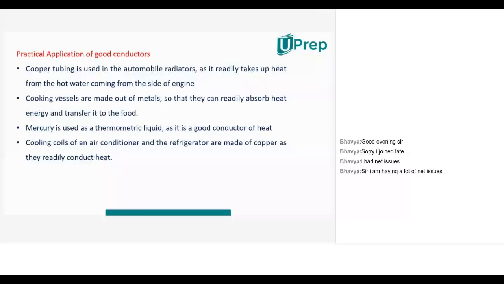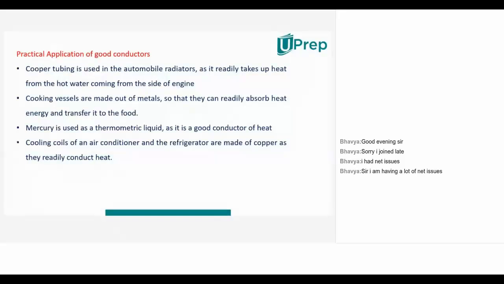Because the atmosphere is filled with air, and air is a poor conductor of heat energy. So when you have more heat energy than the atmosphere, there is a chance of heat flowing from your body to the atmosphere. But air is a poor conductor, so that heat energy will not be transferred very easily to the atmosphere from your body.